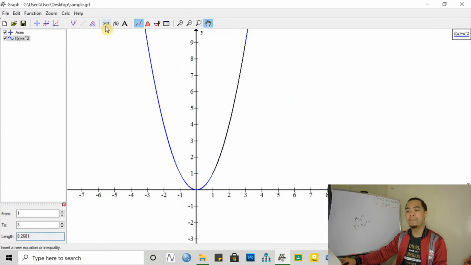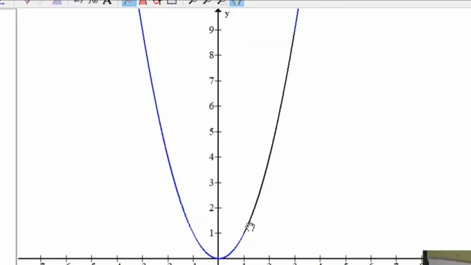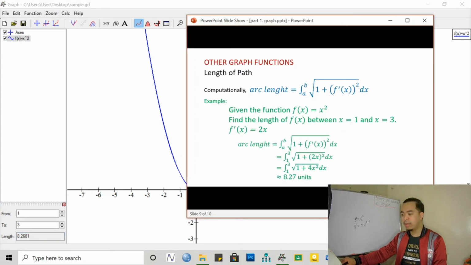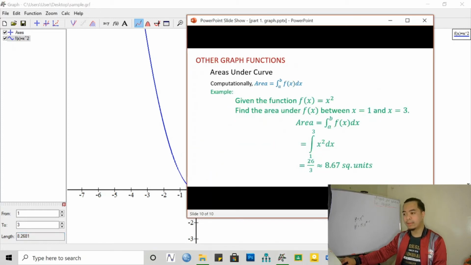So that is how we use this button. It's for arc length. Actually, in our graph, it changed the color of the path that we just computed. The original color of the graph is blue, but the path that we computed is colored black, automatically colored different from the original.